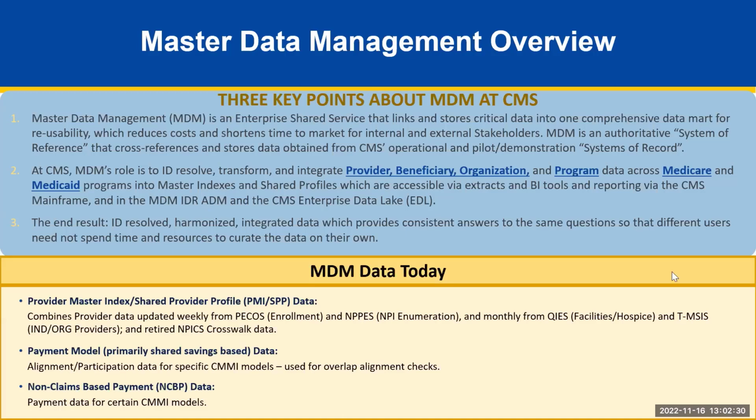We bring that information together and produce what are called master indexes and share provider profiles. We then allow this data to be accessible to folks around the agency for their own business needs, either through extracts, BI tools, reporting through the CMS mainframe. We also have our data available in the Master Data Management Analytic Data Mart within the IDR, or the Integrated Data Repository for the agency, and more recently, the CMS Enterprise Data Lake Data Mesh.